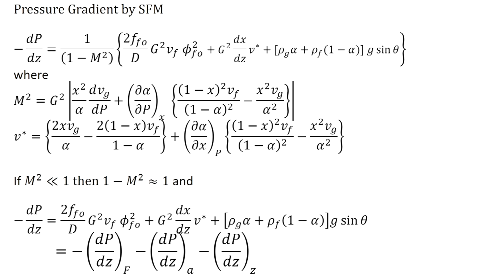Here m square is an expression which represents the compressibility of the vapor phase and V star is a shorthand for an expression which is given here.